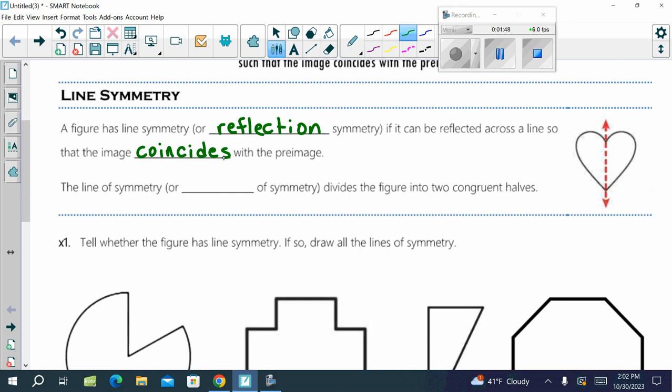The line of symmetry, or we also call it the axis of symmetry, divides the figure into two congruent halves. A lot of the times this line of symmetry is abbreviated by LOS, line of symmetry.